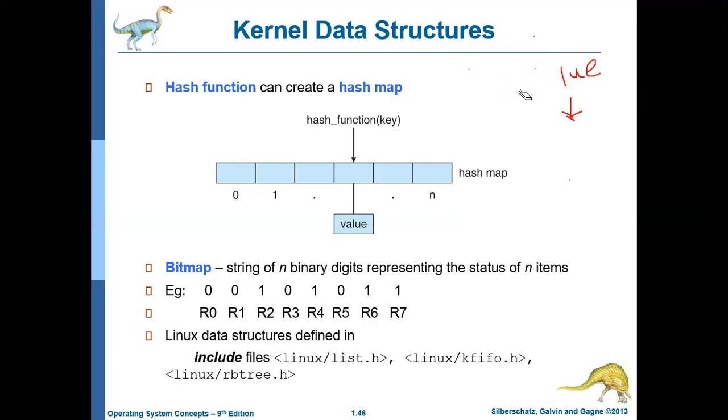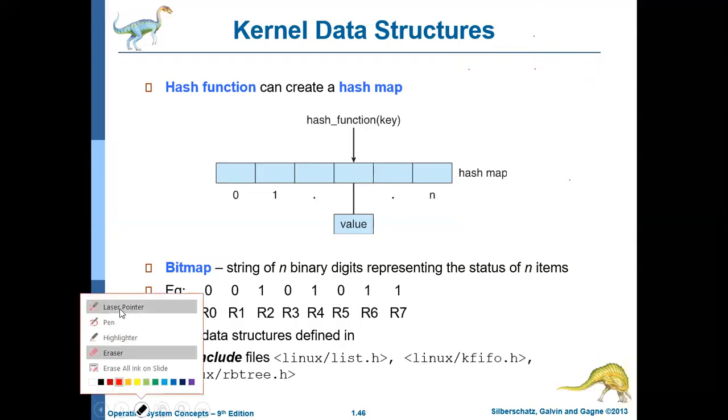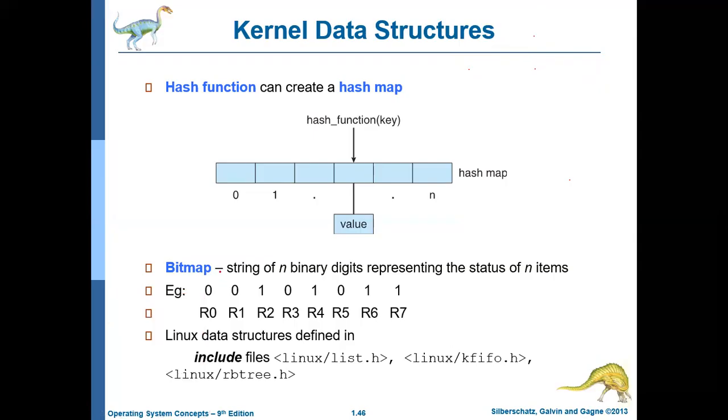The next thing we'll be discussing is the bitmap. A bitmap is a very nice data structure which can be used to identify the status of different items or resources.